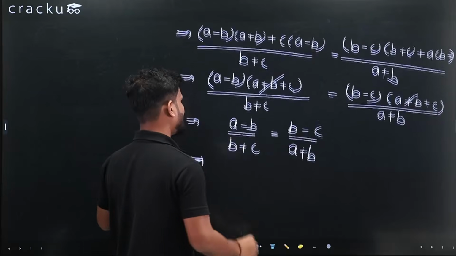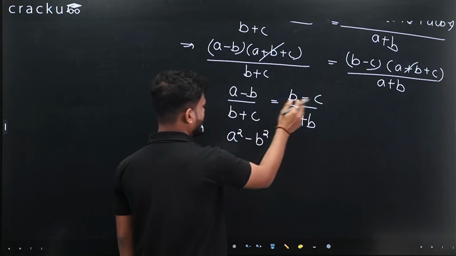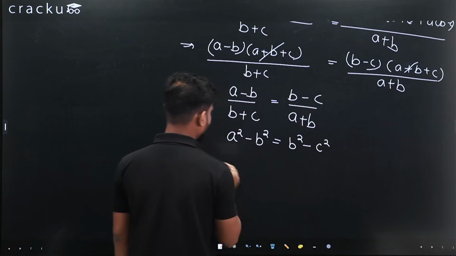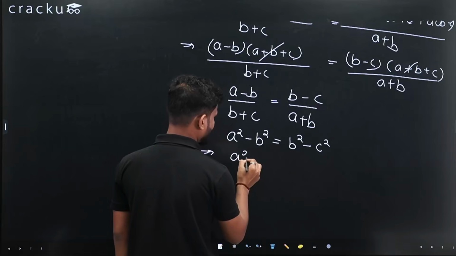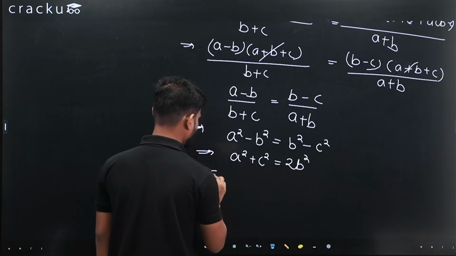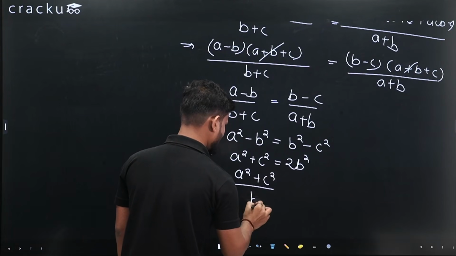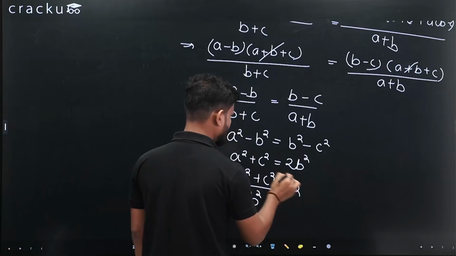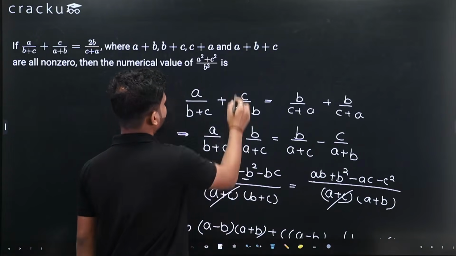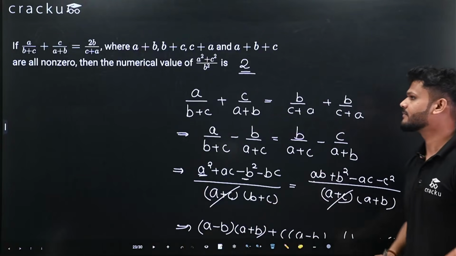A minus B into A plus B will be A square minus B square, is equal to B minus C into B plus C, B square minus C square. From here I get A square plus C square is equal to 2B square, or A square plus C square divided by B square is equal to 2. And this is what we are asked. A square plus C square by B square is equal to 2, so 2 is the correct answer here.